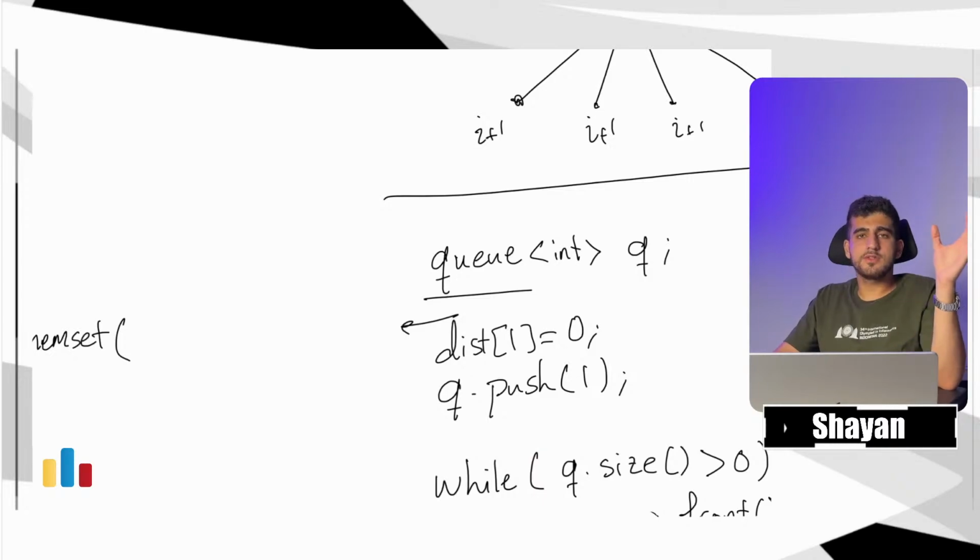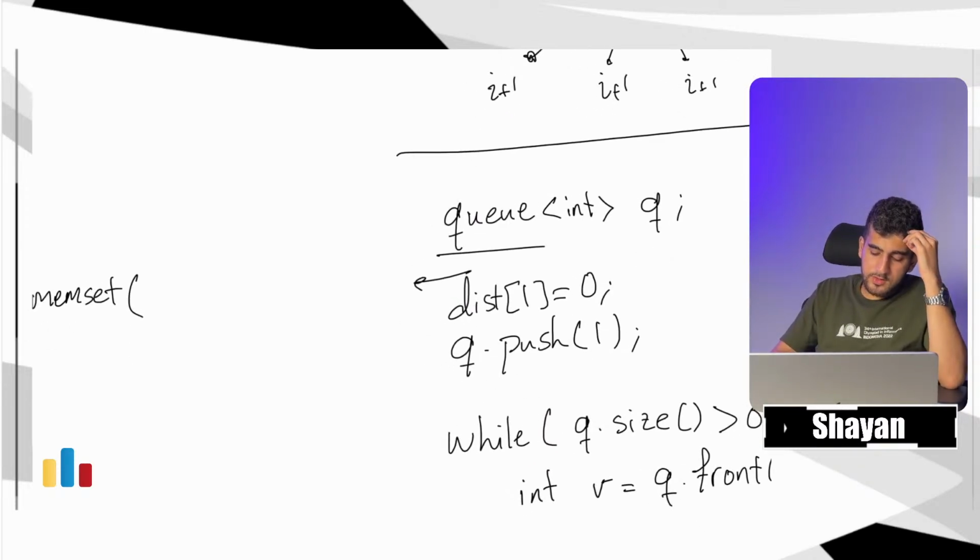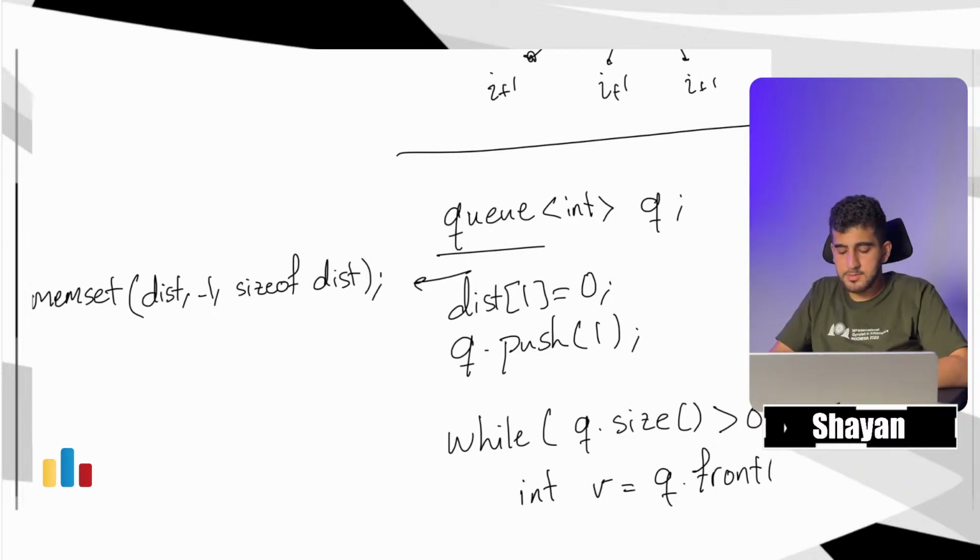For other values, do not use memset. It is special for 0 and -1 because it works with bits. So you can use memset on dist with -1 and sizeof dist. This way you set the distances of all the vertices to -1.